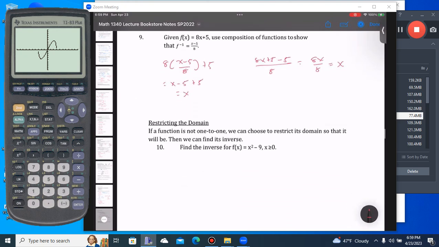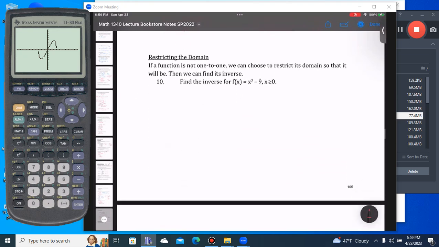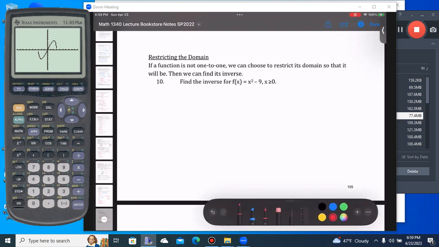All right. So what happens if a function is not one-to-one? Can we do anything? Well, there is one thing we can do, and we can restrict the domain so it is one-to-one. And we just have to make sure we note that. So let's take x squared minus 9. Let's look at the graph.